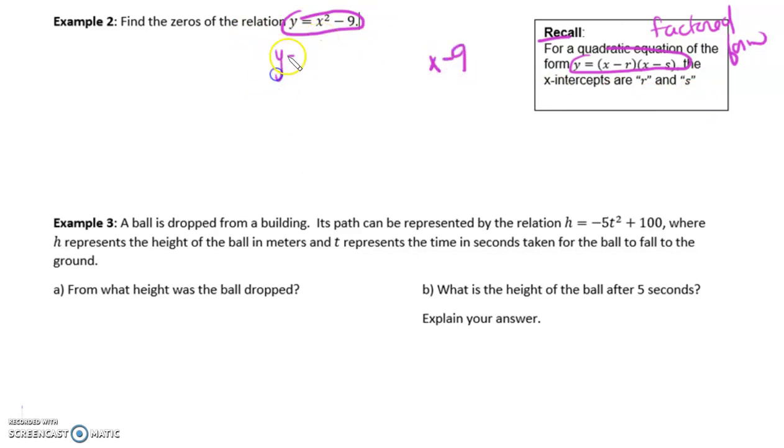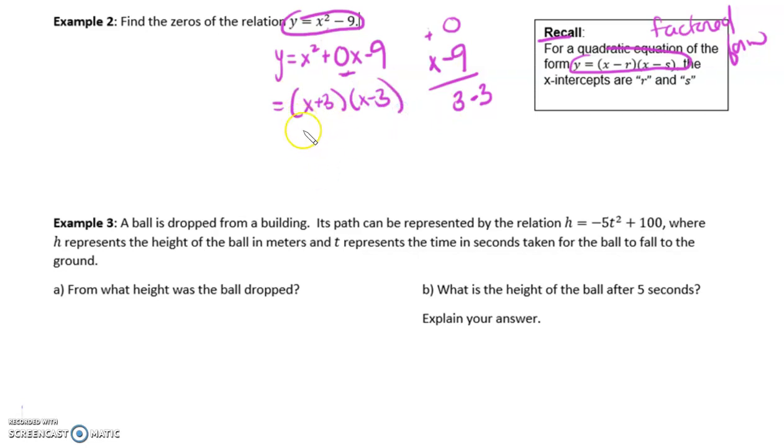If you think about this in completely expanded form, we would have that 0x in the middle because there's no x value, so it's actually 0x. And what two numbers add to 0? Well, two numbers that multiply to 9 are 3 and 3. So to add to 0, we would put a negative on one. 3 minus 3 equals 0. So x plus 3, x minus 3.